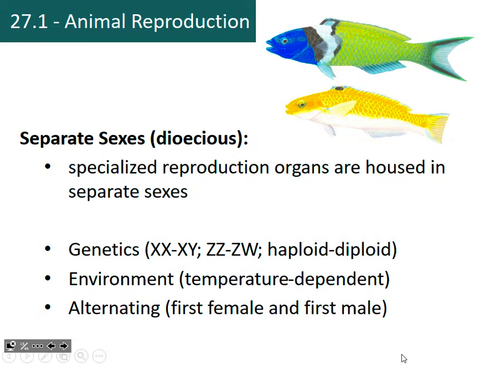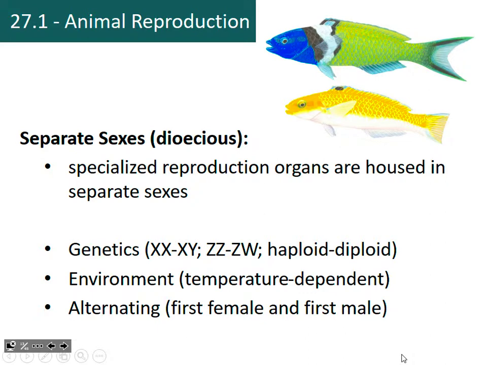Okay. When we talk about separate sexes or use the term dioecious, two houses, then those specialized reproductive organs are housed in separate sexes. And this can be controlled by a lot of different things. In many organisms, it is controlled by genetics. So in mammals, we have an XX/XY system where you generally have egg-producing tissue if you are XX, and sperm-producing tissue if you are XY.